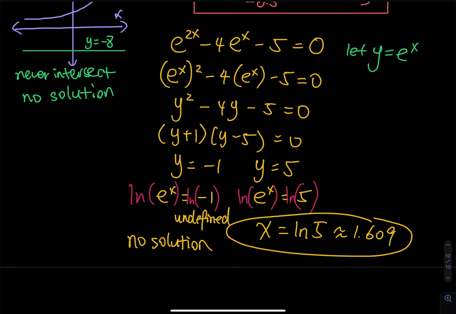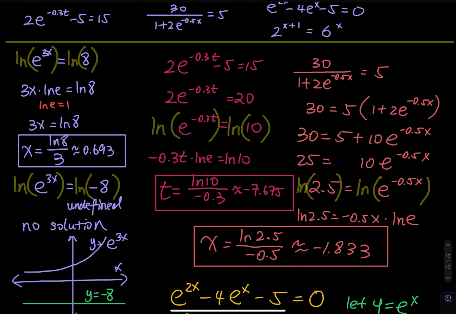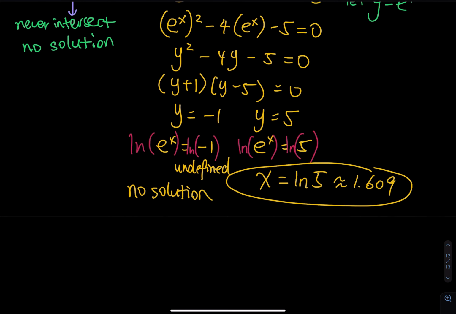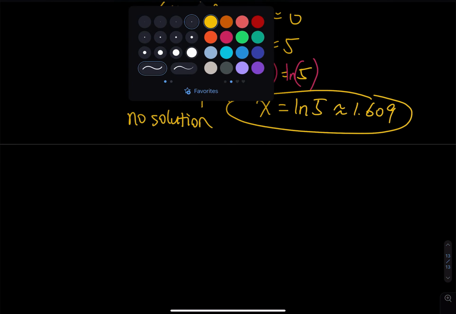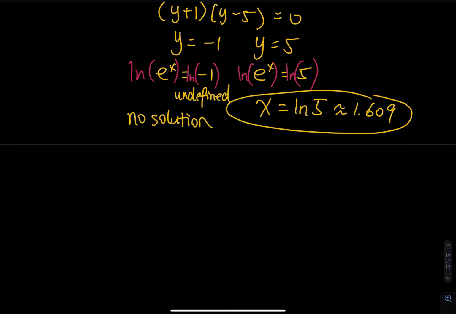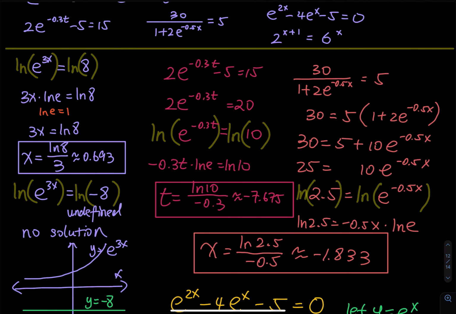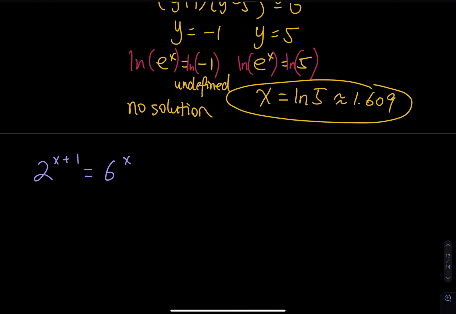Okay, and then we have one problem left, so we have 2 raised to x plus 1 equals 6 raised to the x. Let me double check. 2 to the x plus 1 and then 6 to the x, so that is okay.